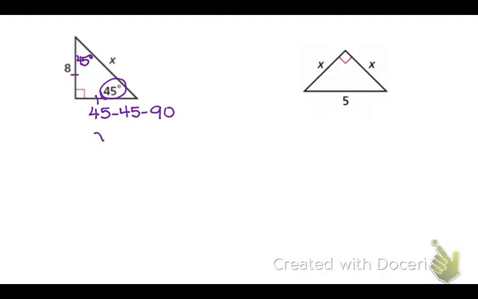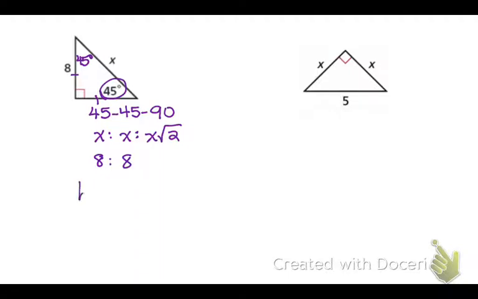So we can set up and use our proportion. So we know that the hypotenuse is always going to be the length of the leg times radical 2. And then I'm going to take what I see in that triangle and start to fill in this ratio that we know always holds true. So the length of one leg is 8. So that means that the length of the other leg is 8.